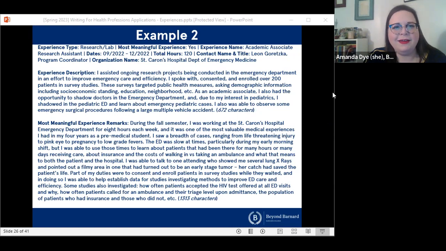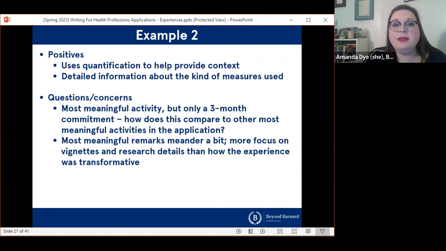Okay. So some of my thoughts about this entry. I really like that it uses quantification to help provide context about what the person has accomplished. And they provide really detailed information about the kinds of measures that they used, which is really great for understanding a research engagement.